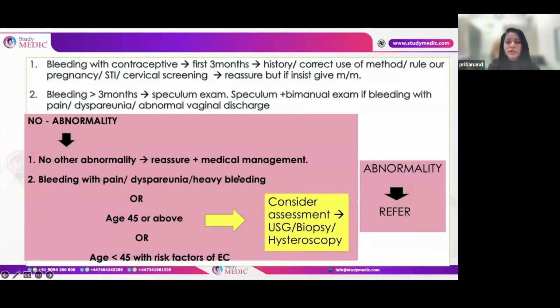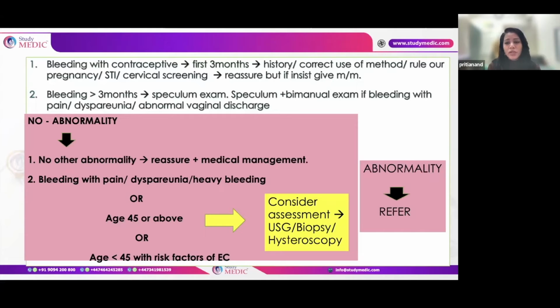Bleeding with contraceptives is very important because every contraceptive has some bleeding irregularities when it is started. The first 3 months is all okay, but definitely if the patient is coming to you with an irregular bleeding pattern, even in the first 3 months, try to rule out STI, cervical screening, and any type of pregnancy. After 3 months, you need to definitely rule out pregnancy, STI, and cervical screening, but you need to examine also.